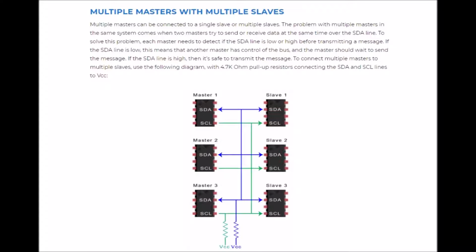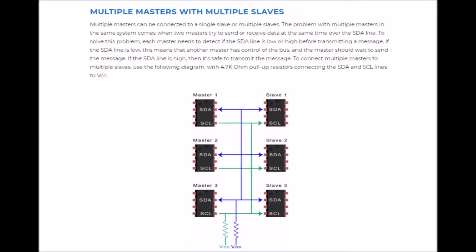Next, multiple masters with multiple slaves. Multiple masters can be connected to a single slave or multiple slaves. The problem with multiple masters in the same system comes when two masters try to send or receive data at the same time over the SDA line. To solve this problem, each master needs to detect if the SDA line is low or high before transmitting a message.